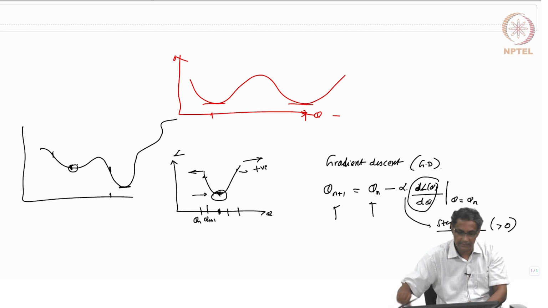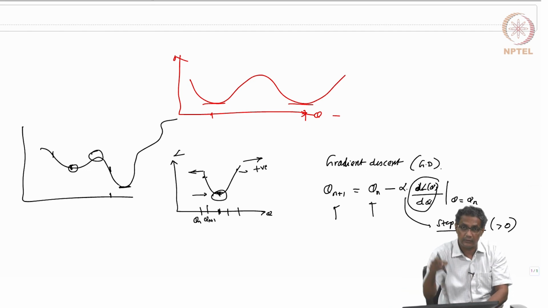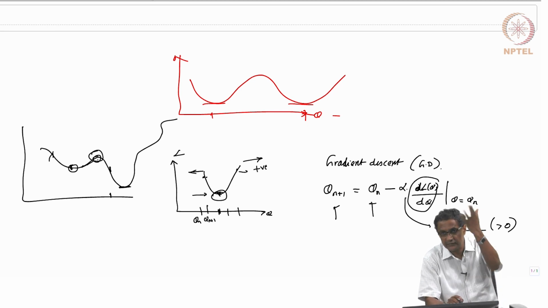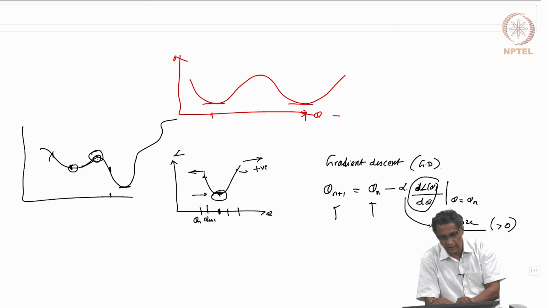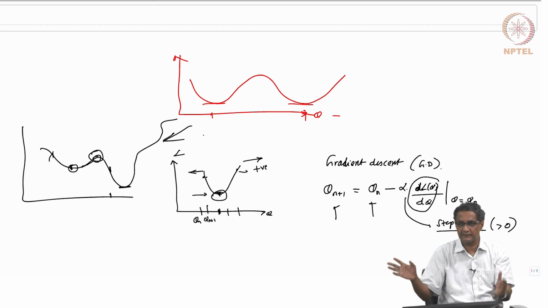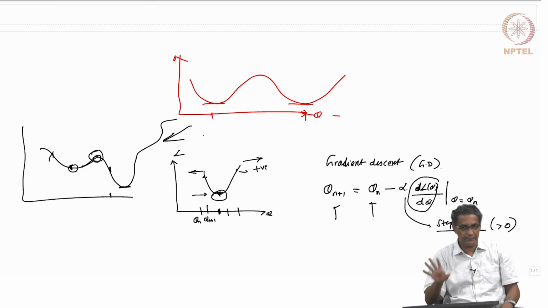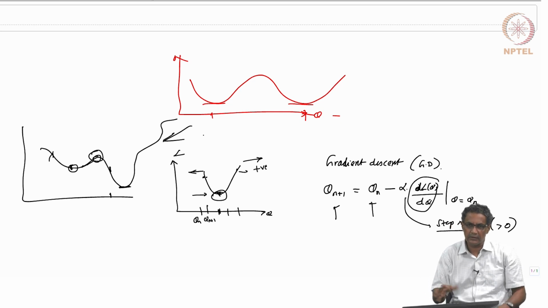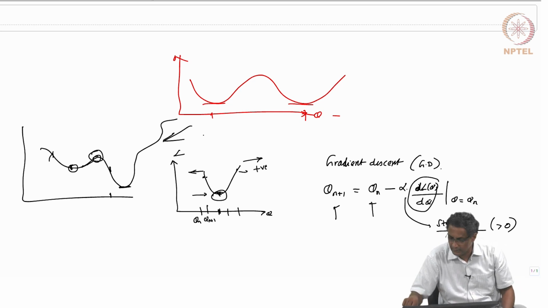If I climb here, then maybe I can see that there is a lower point there. But when you're not allowing me to increase the cost, I'll never end up there. I can never see what's on the other side. It could also happen from this direction, from wherever you are coming, that you end up in some minimum. That's called a local minima, because the global is actually here.